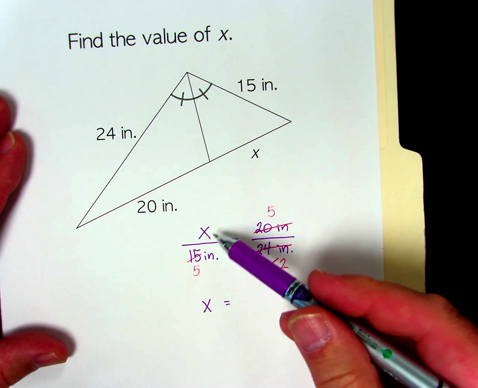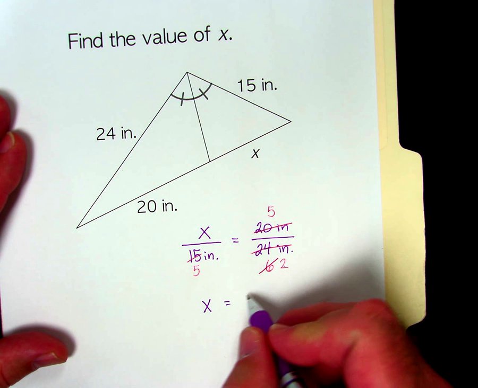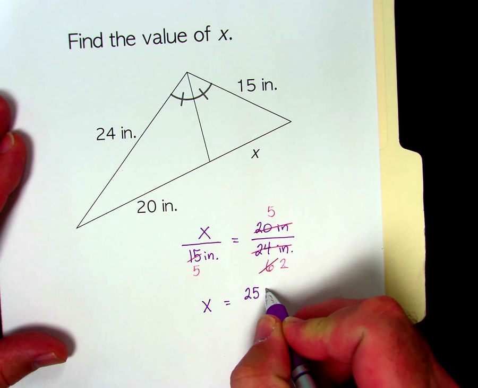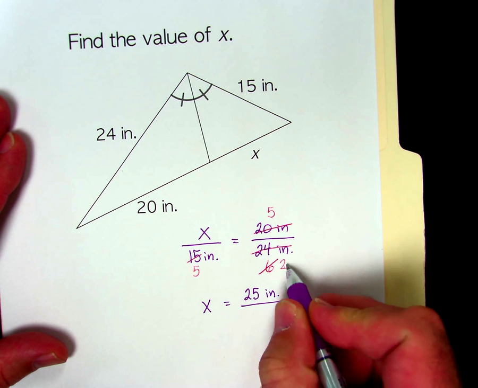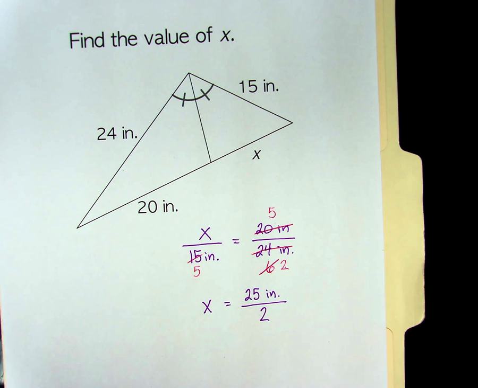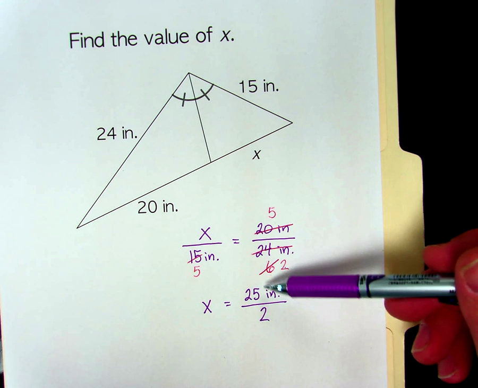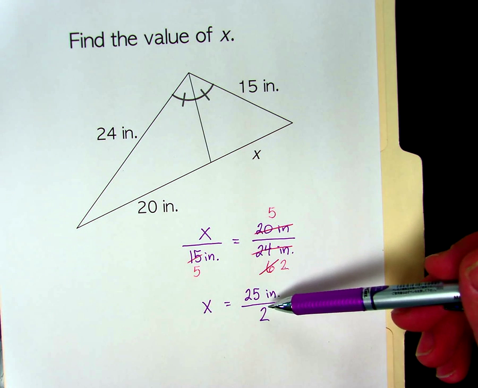So I'd have x on this side. 5 times 5 inches would be 25 inches. And then we have 2 in the denominator. Now, most of the time, I don't express inches as improper fractions. I'd probably want to do that as a mixed number.